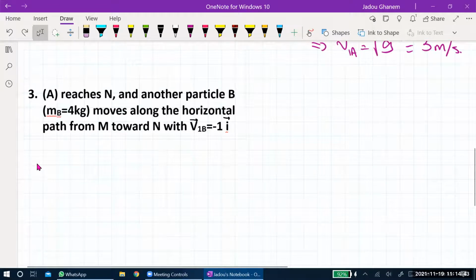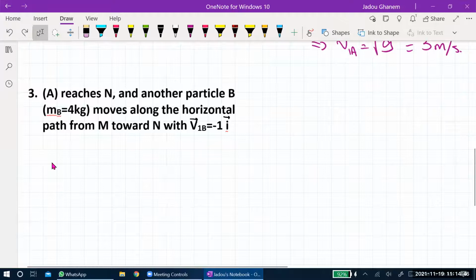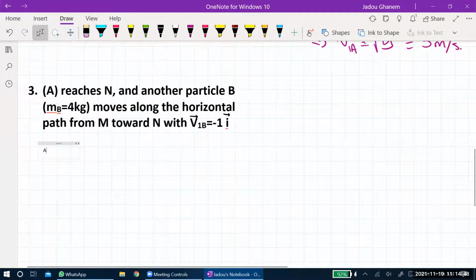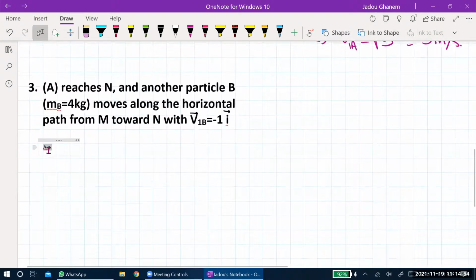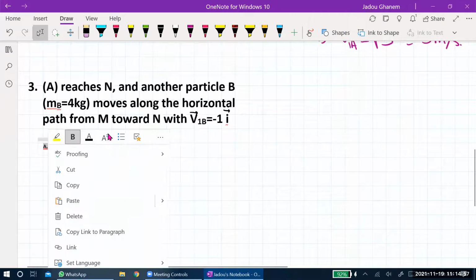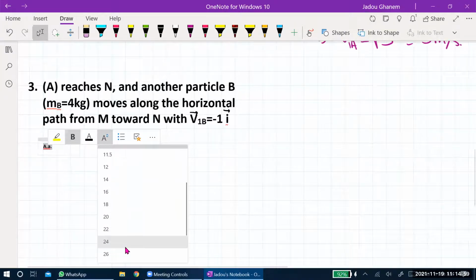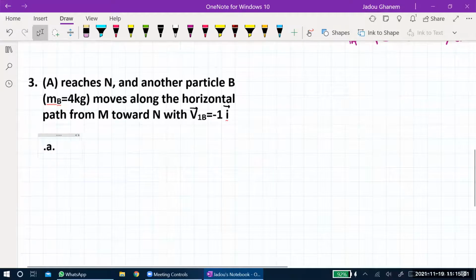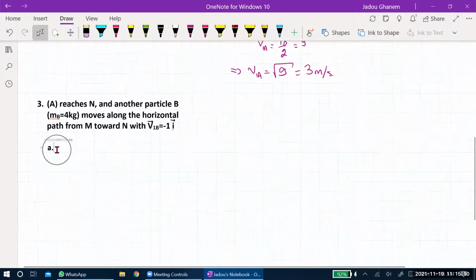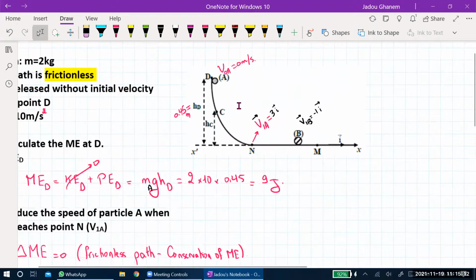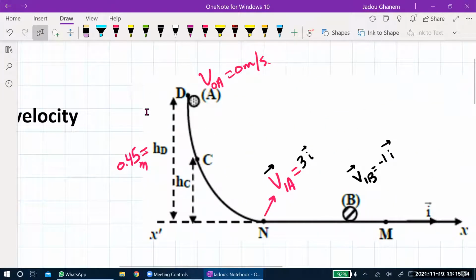Now we'll write part number 1, part A, sorry. So it's 3A. Yes, on the figure you can see the value of the height here, 0.45 meters.